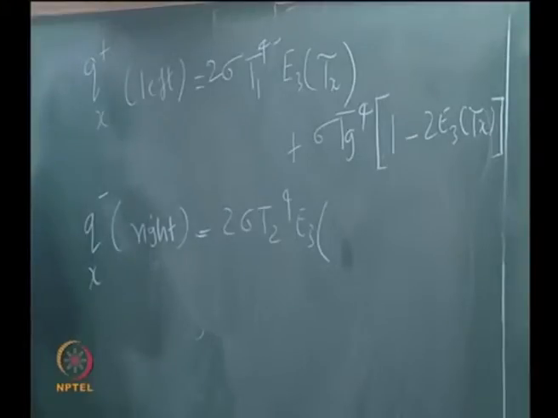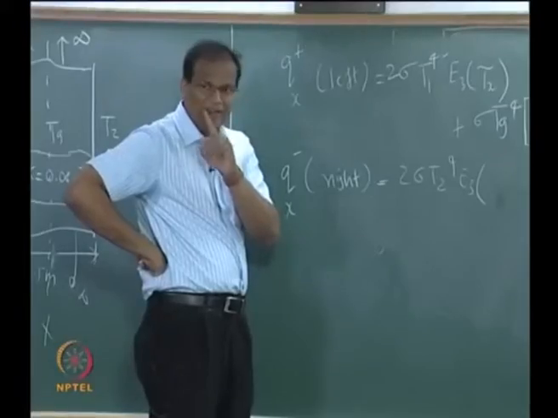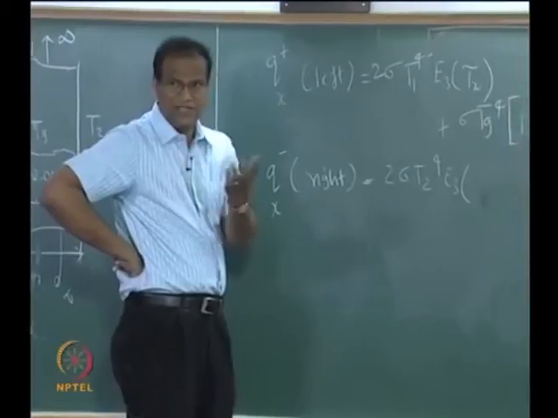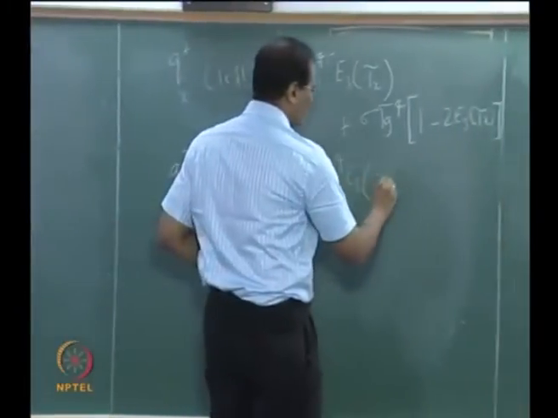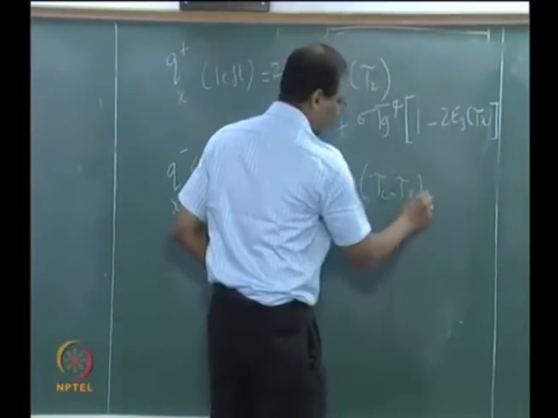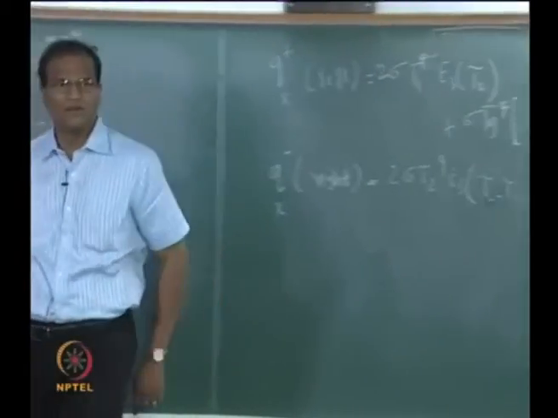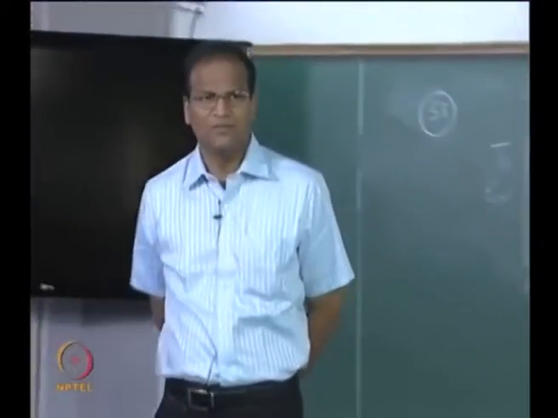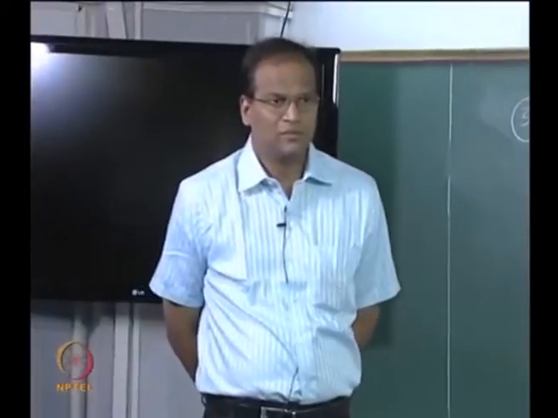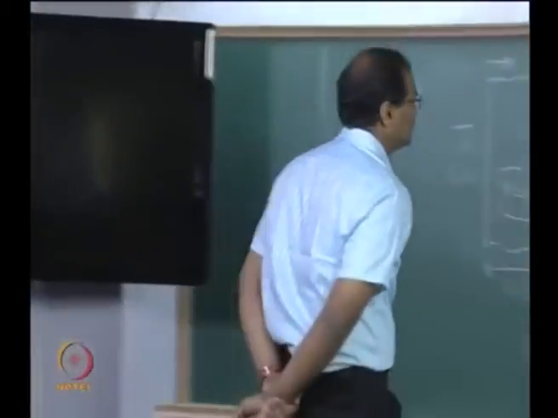What is that? L minus x, that is the distance. That is kappa times (L minus x), no problem. Is that correct?